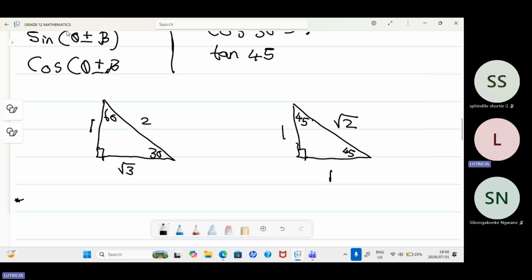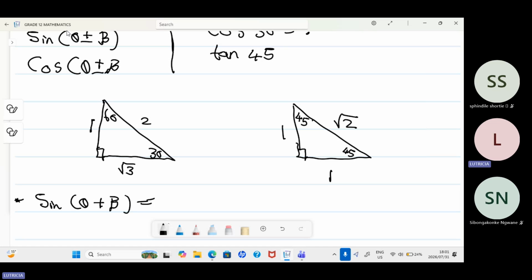if it's sine theta minus beta, okay, let's start with the plus beta. Is this the correct thing that you're looking for? I didn't get to this.